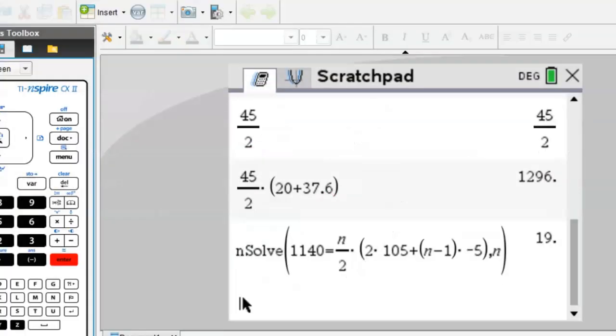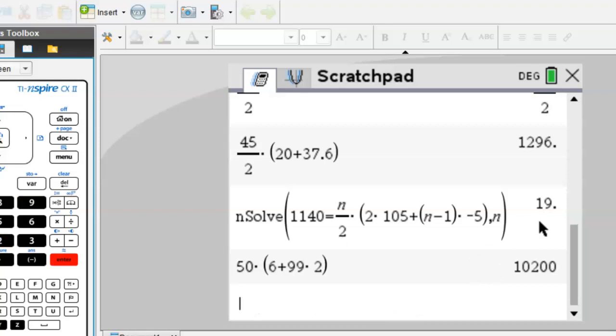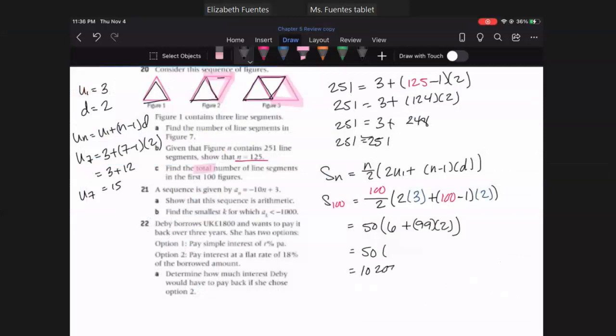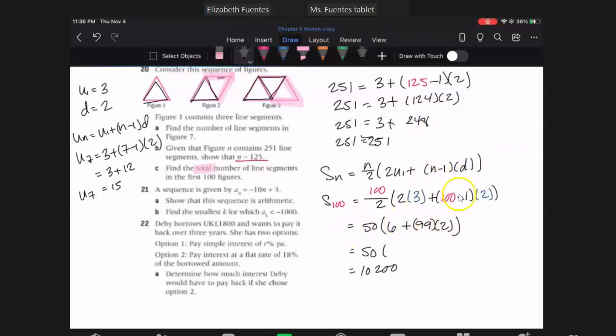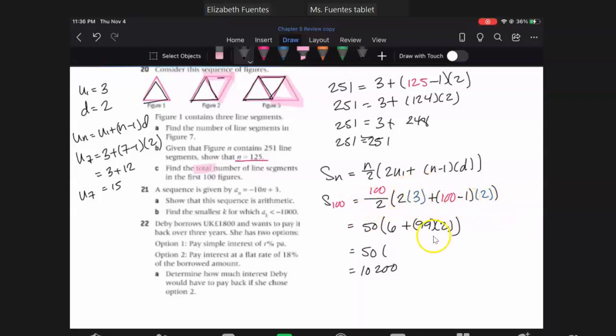That might be faster. 50 times 6 plus 99 times 2. 10,200. So 10,200. All I did was kind of shorten it. You could have put the entire thing into your calculator without the S of 100. You only use nsolve when you're going backwards and you have to solve for n. But if you already know n, then you can just plug it in.